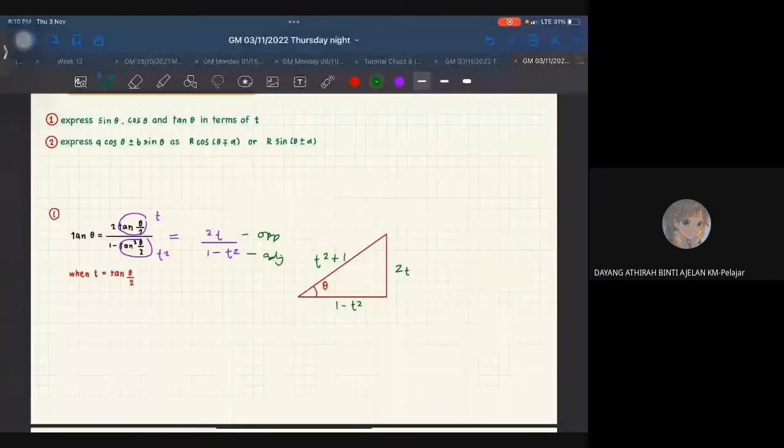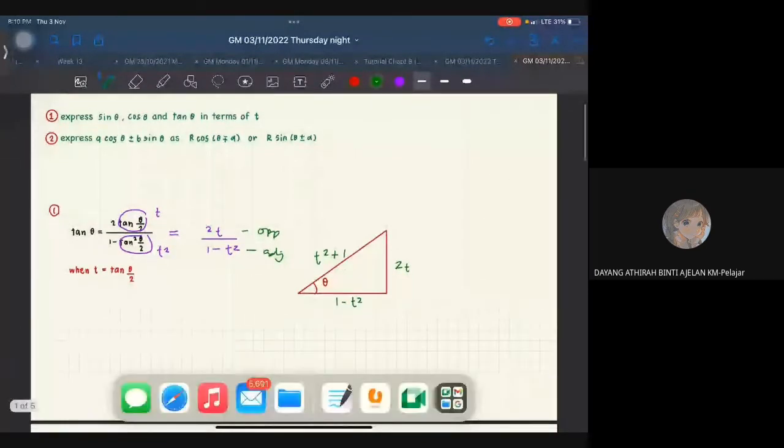Question number 14, dia cakap dekat awak, let tangent 2x equals to t. Dah silap saya, ke saya terbalik? Okay, saya lupa dah sebenarnya soalan tu. Chapter 7. Okay, this one.